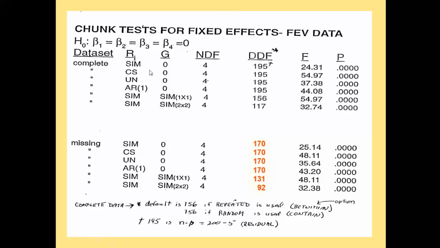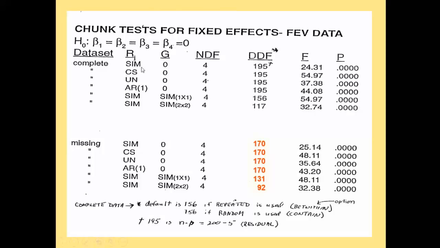Now notice this table, where I've run the FEV data: this is for the complete data set, and this is for the missing data set. For the missing data set, I dropped out 25 observations, so there weren't 200 observations, there were 175.